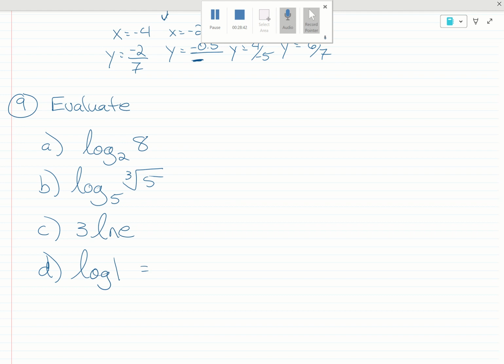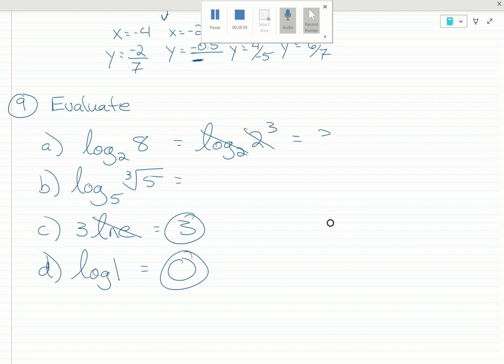Well, you know log of 1 is 0, natural log and e cancel. We could use inverse properties on these first two. So this is the same thing as log base 2 of 2 to the third, which is 3. And this one is the log base 5 of 5 to the 1/3. So we just have 1/3 here.